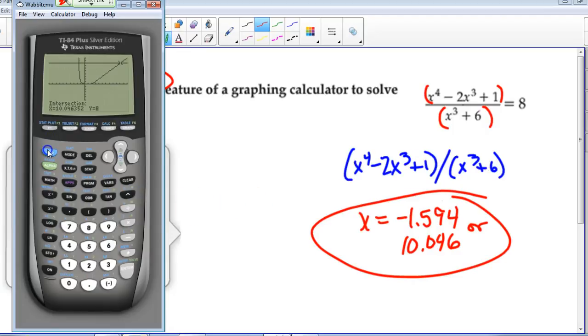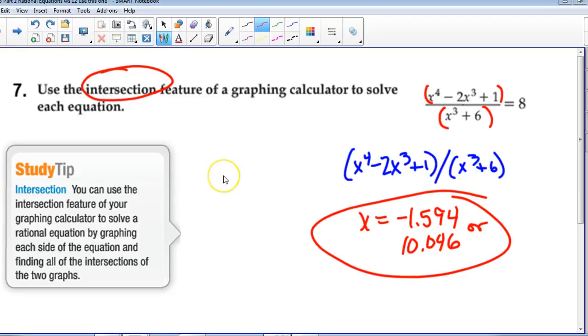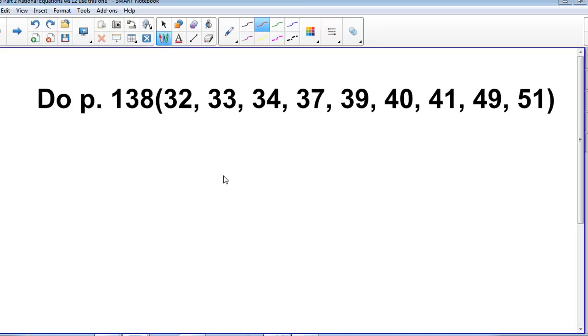I'm pretty sure that it wouldn't show up on the graph if it was an extraneous solution, so we're good. Okay, so the assignment tonight, guys, is to work on these, okay? I think these 6, 7 are rational equations, and these last 2 are solved by graphing, okay?